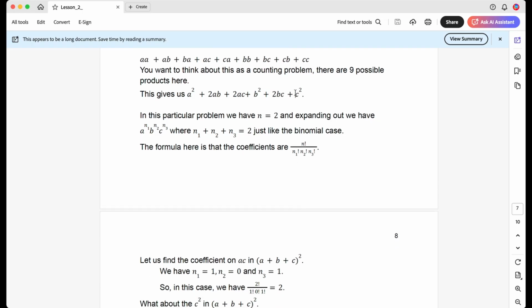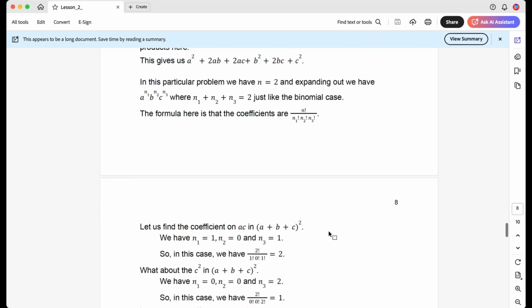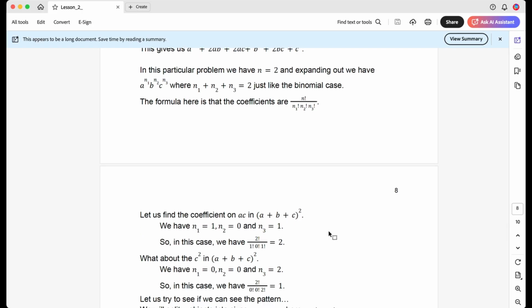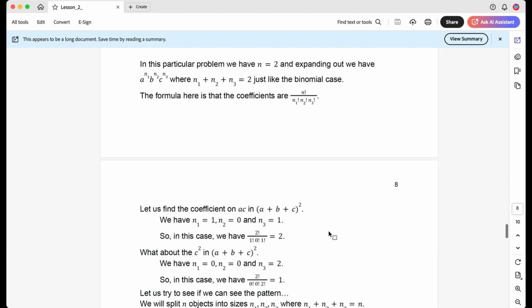So plugging into the formula, we should get a 1 out here. Let's take a look. So in this case, there's no A term, there's no B term, so there's 0 of those, and then there's 2 copies of C. The exponent on C is 2. So the total n is 2 factorial divided by 2 factorial, which leaves us with a 1.